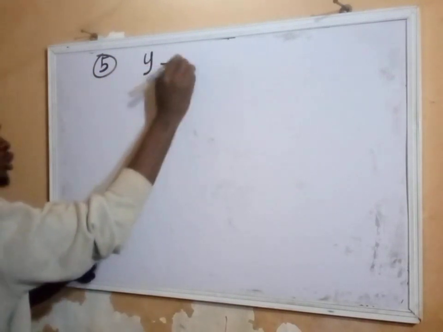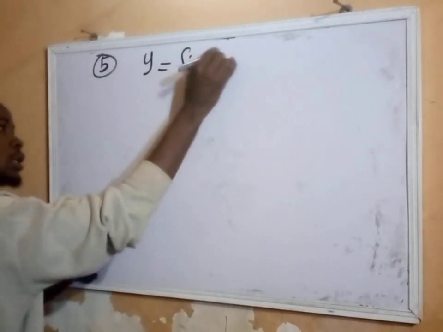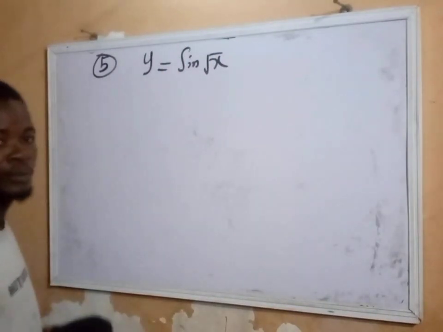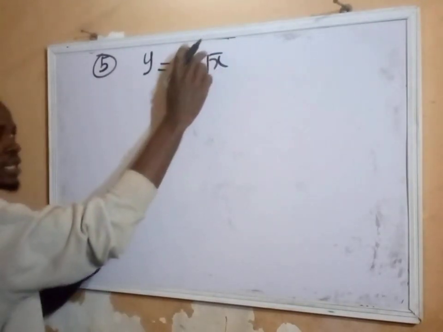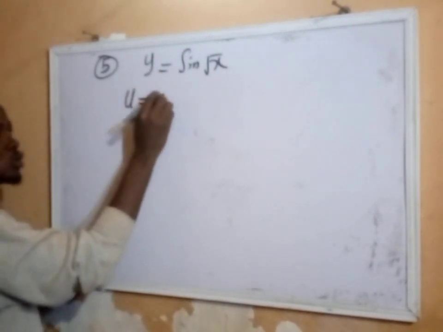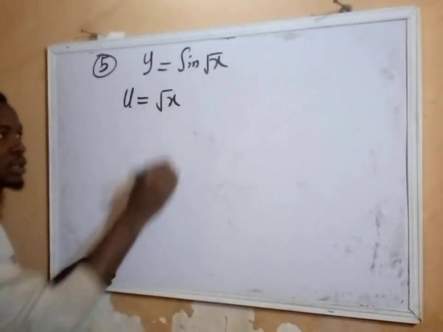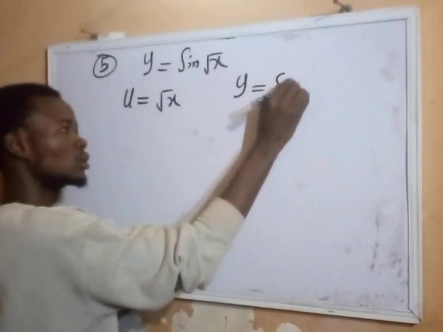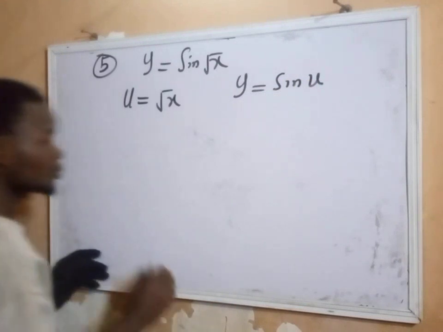Suppose y equals sine root of x. Definitely this is also a function of a function. So to do that, we let the entire root be something. I'm using u to be root of x, and y equals sine of u.